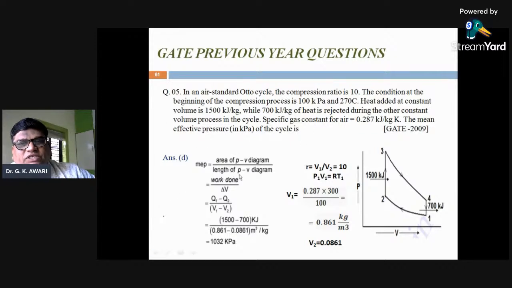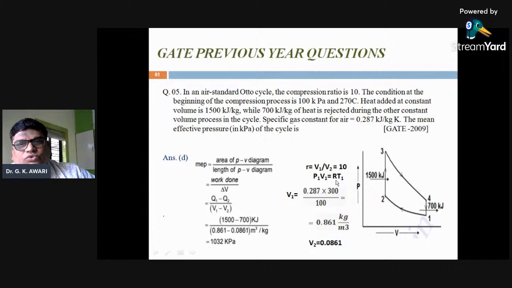So mean effective pressure is nothing but the area under the PV diagram divided by the length of the PV diagram, so work done divided by delta V. The compression ratio r is equal to V1 by V2, which is given as 10.